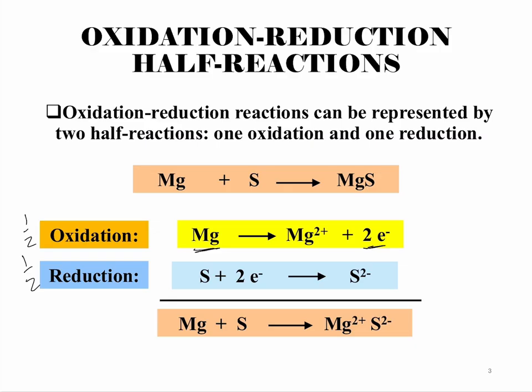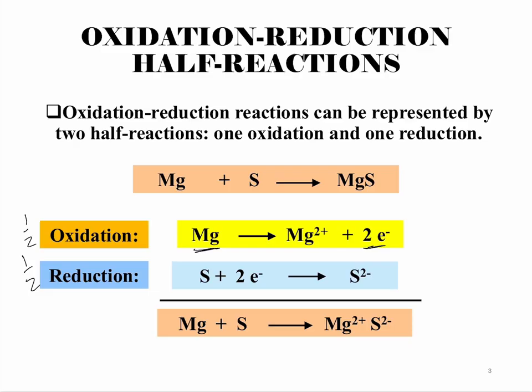The same way when we think about exothermic reactions, we think of the heat as a product, because you lose heat to the surroundings. In an oxidation process, you think of losing electrons, so those are products in the half reaction. In the reduction reaction, we gain electrons, so electrons are treated as reactants in that reaction.